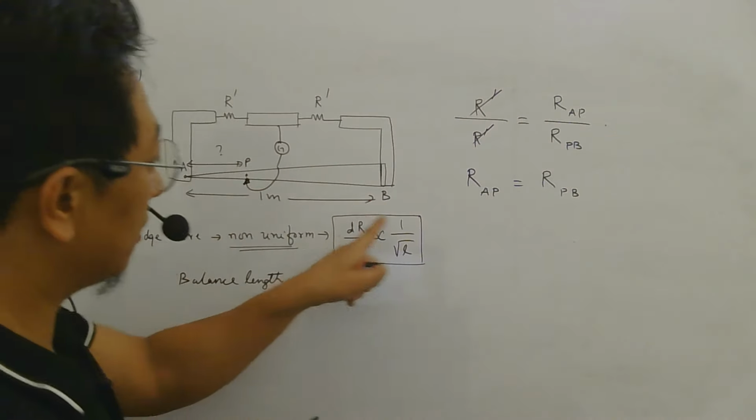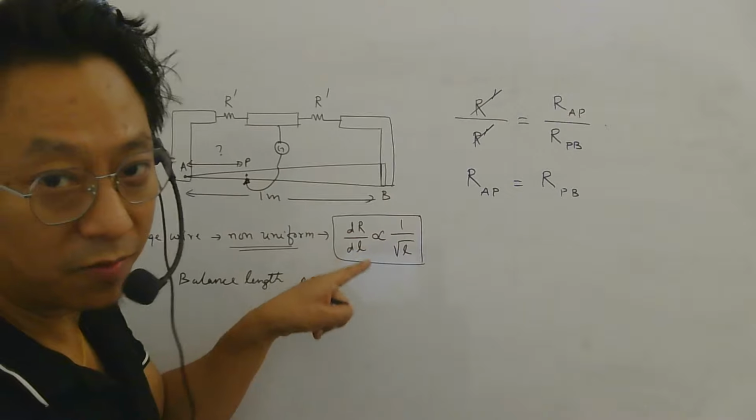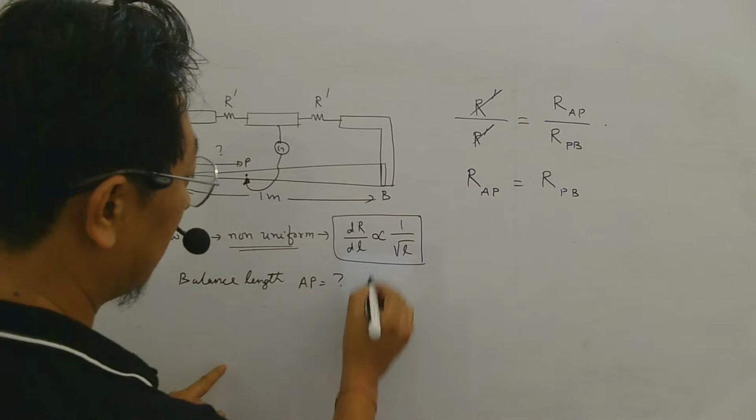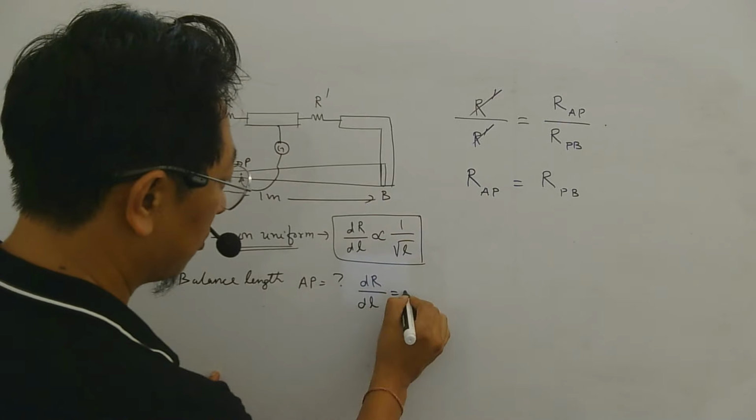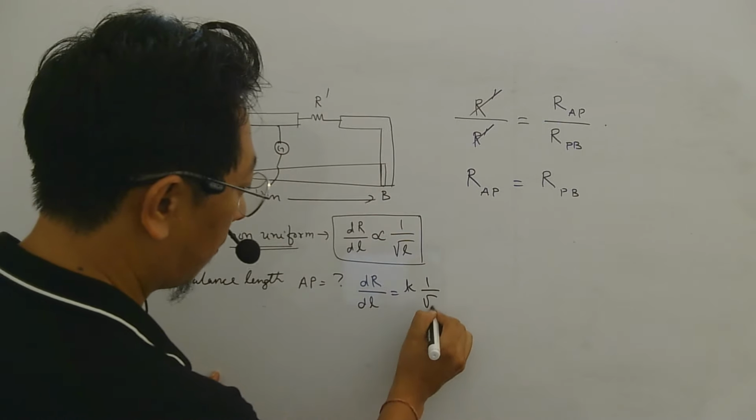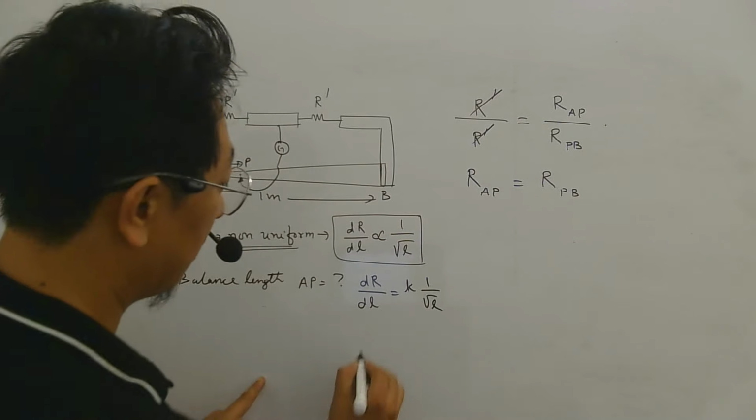Now they have already given you how resistance varies with length. If I write this formula equal to some constant K, then if I cross multiply, what will be dr?